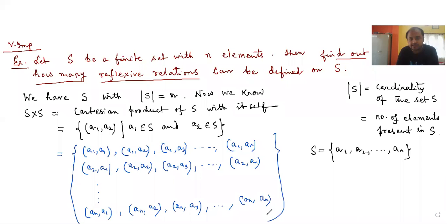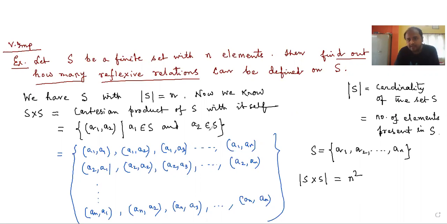So we have got these many elements. How many elements will be there in S cross S? It is quite clear from this picture that the cardinality of S cross S will be n square. So n square elements are present here.